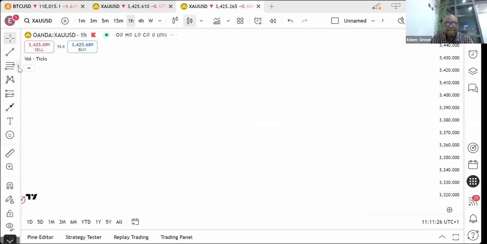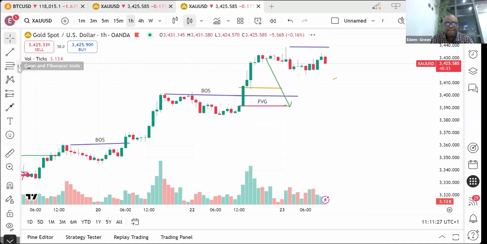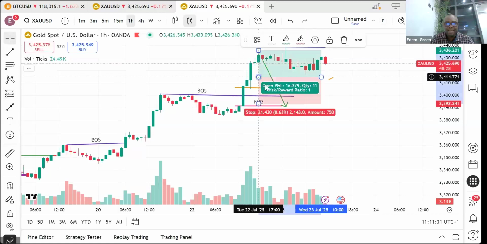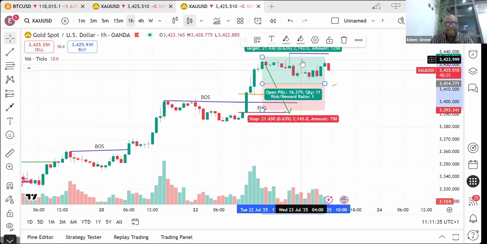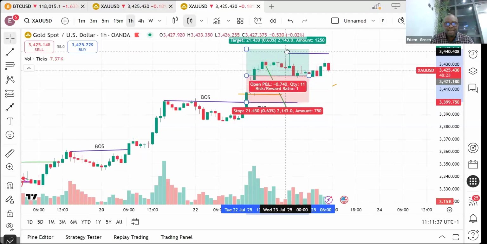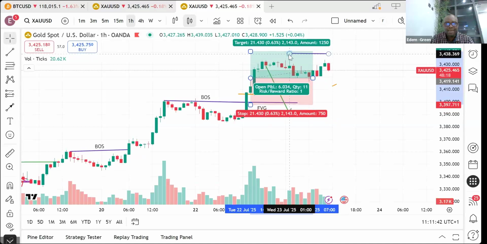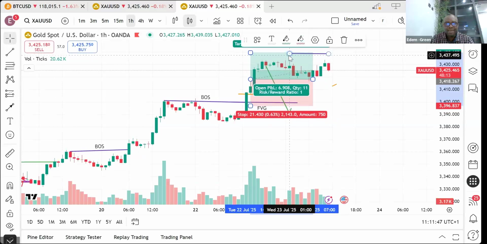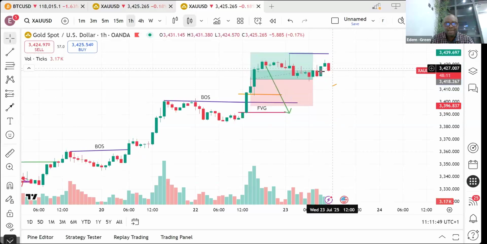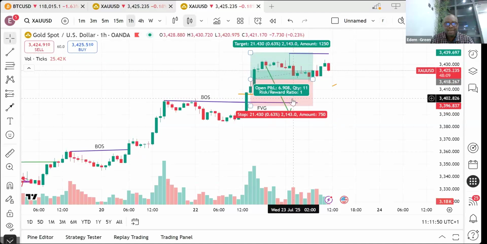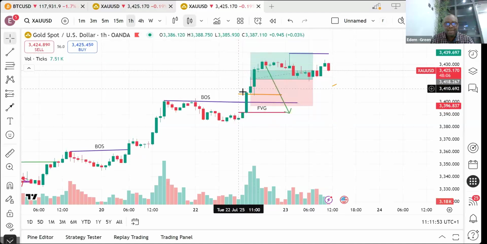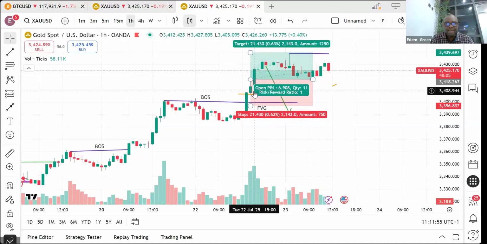So when you place it, like I said, for me, I will put my stop loss slightly below the 50% mark.